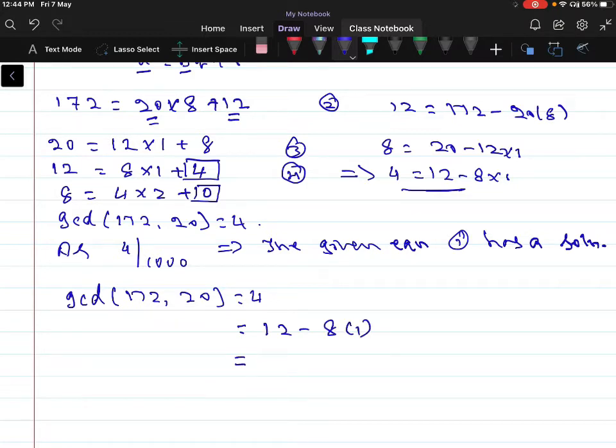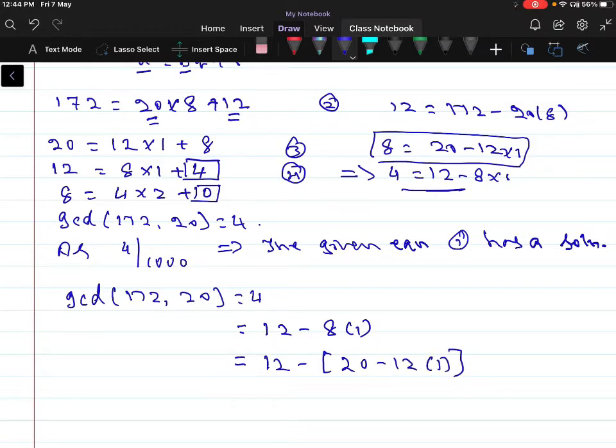This is equal to 12 minus, again 8 can be written as 20 minus 12 into 1. So let us simplify. Minus of minus is plus, that is 1 times 12 here. So that can be written as 12 into 2 minus 20. Again 12 can be written as 172 minus 20 into 8.